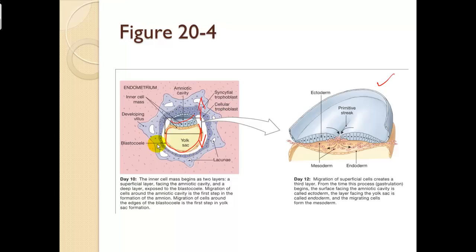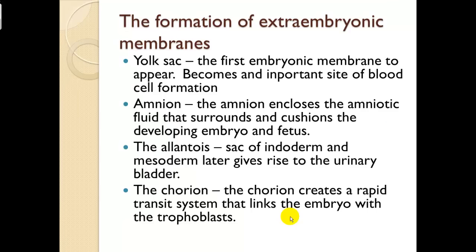Cellular trophoblast, blastocele here, lacunae, cellular development, and this is a cross section of it. So this is the endoderm inside, the mesoderm, which is essentially the middle, and the ectoderm. That was figure 20.4 in your book.